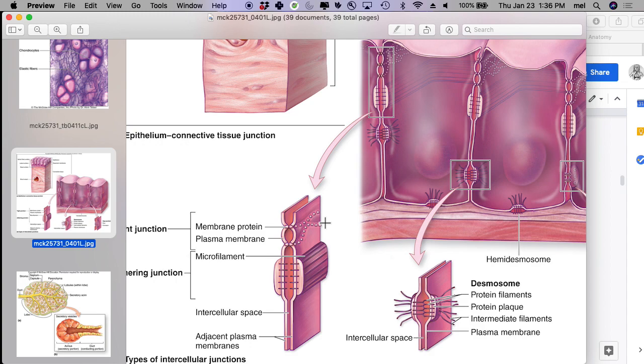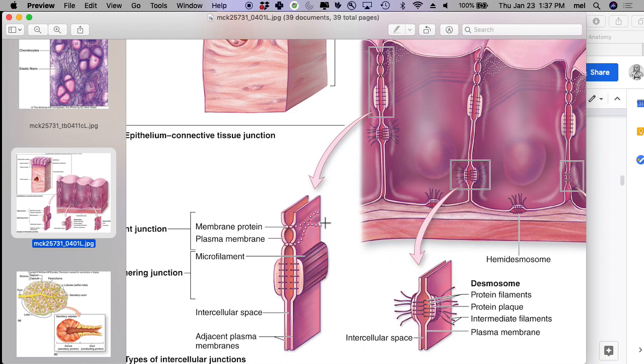Notice that it goes all the way through and holds on to the cell. A tight junction is about impermeability. It means that if I try to get between you, I can't. I would have to go through you, which gives you a lot more control, right? Now, it's not necessarily very strong because I could probably pull it apart from this end, but it is impermeable. Does that make sense? Okay. So a tight junction is about impermeability.